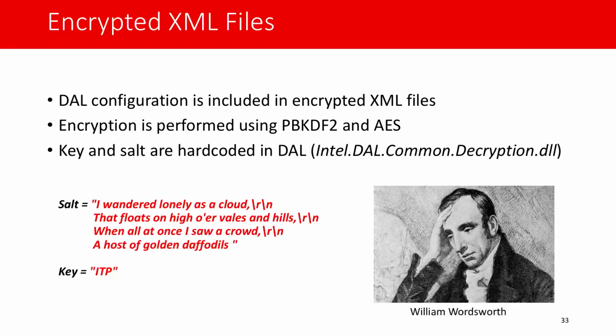DAL uses the AES cipher and key derivation function PBKDF2 with a fixed key and salt. The first line of the poem is the salt, and ATP is the key. A simple program allows decrypting all device configuration of DAL.